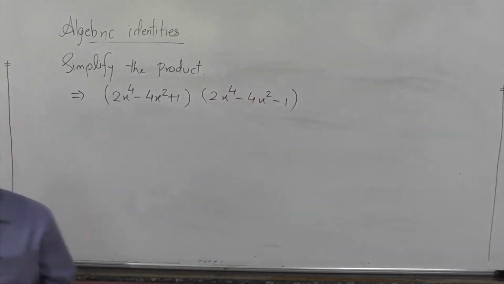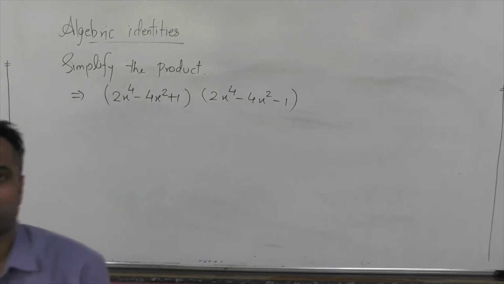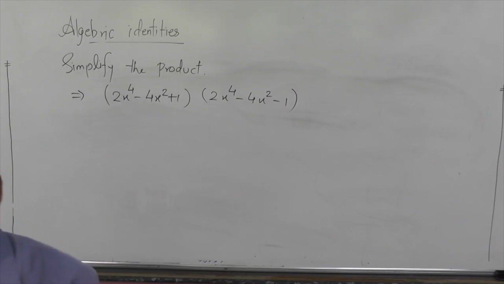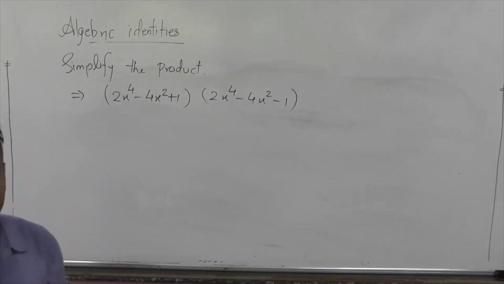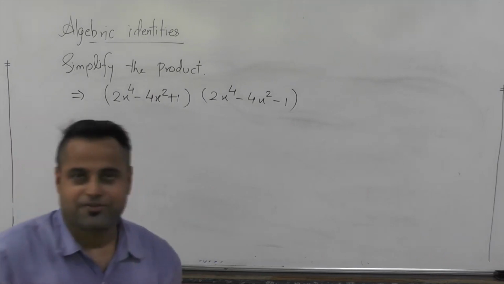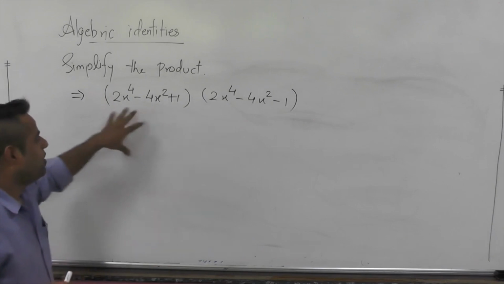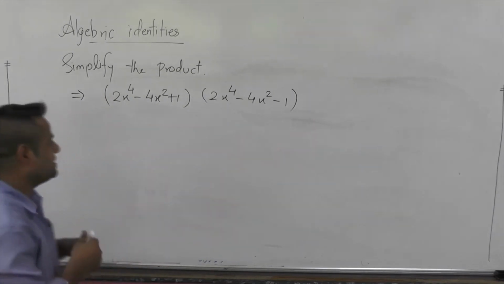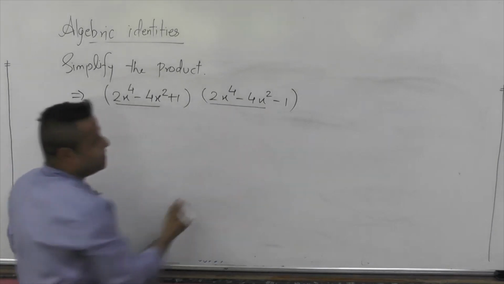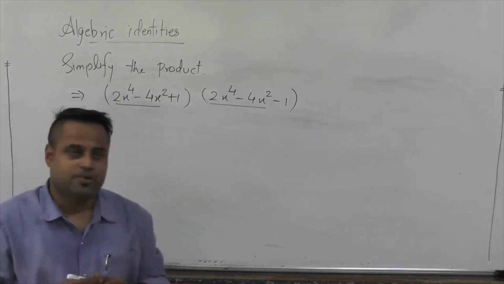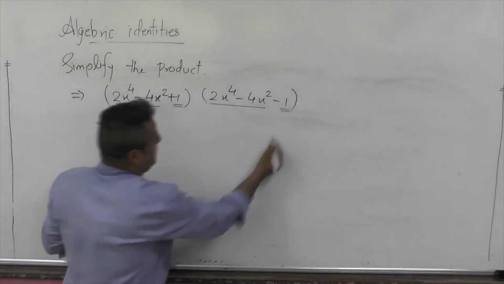Now, see what I have told you in last class also. You don't need to be afraid by looking at the question. The question seems a bit difficult, but its solution is easy if you approach it in the right way. So see here, if you observe it properly, these first two terms are of same sign and same term, but this last term plus 1 is having different sign.